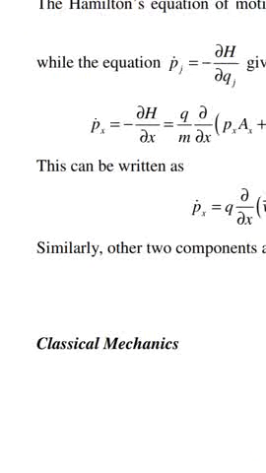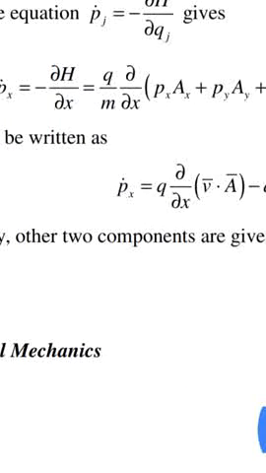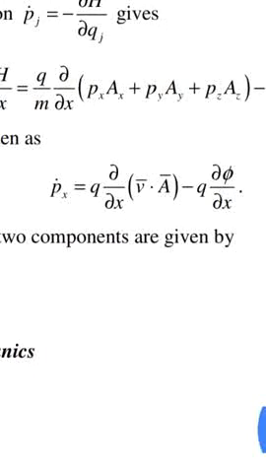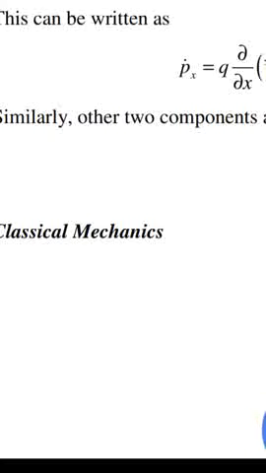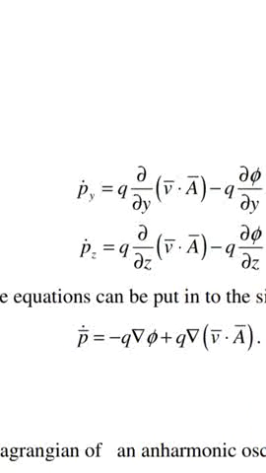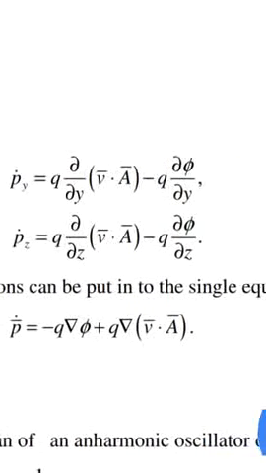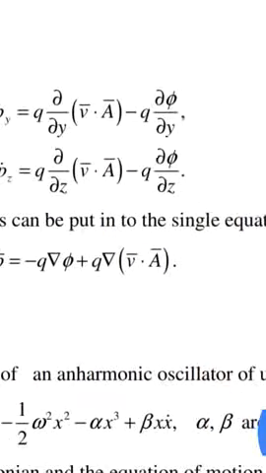This can be written as Px dot = q ∂/∂x of (v bar dot a bar) - q ∂φ/∂x. Similarly, the other two components are given by Py dot = q ∂/∂y of (v bar dot a bar) - q ∂φ/∂y, and Pz dot = q ∂/∂z of (v bar dot a bar) - q ∂φ/∂z.